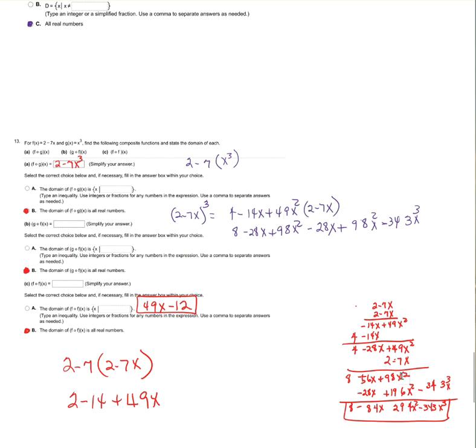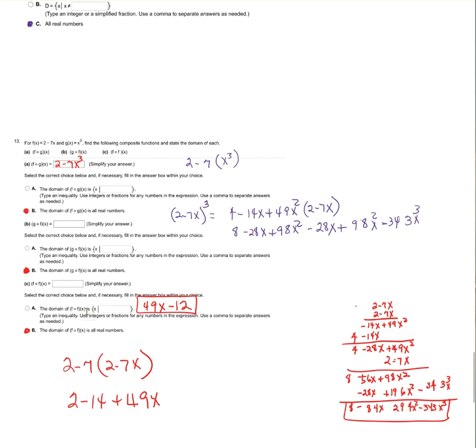Or you can do it this way, which looks like an old-time multiplication problem. And you would do 2 times all of that, put it there, then do the minus 7x, and you line up the terms, and that seems to come out a little better, but here's the final answer. The domain is still all reals.